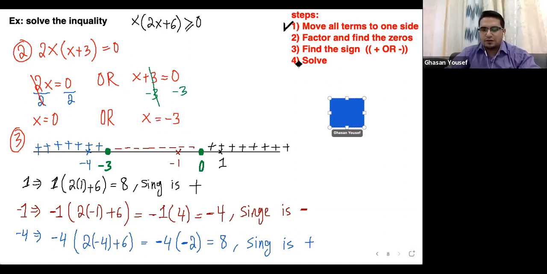Okay, so for number 4, solve. We have to find the solution, like I said before, by going back to the line. When this will be positive, here and here. So I'm going to write it down.